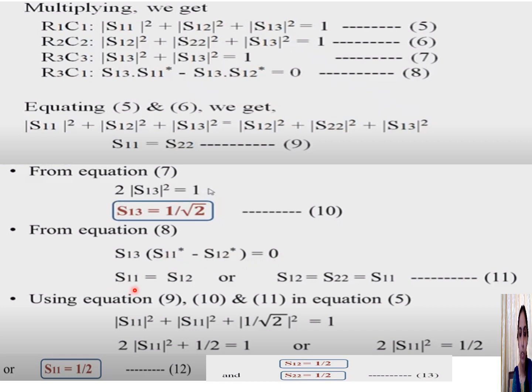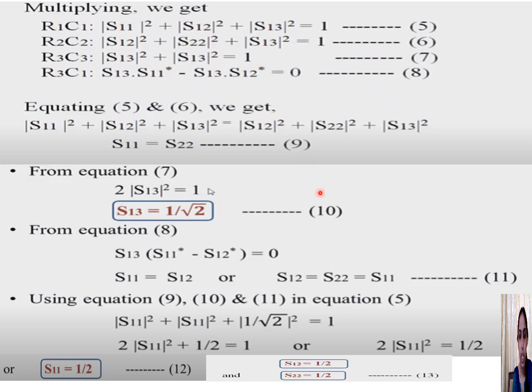So it turns out S11 will be equal to S12. Okay, so we have already written S11 to be equal to S22. So all these elemental values in the S matrix, S11 will be equal to S22 will be equal to S12. So if we find out one, we can know the value of the other two.